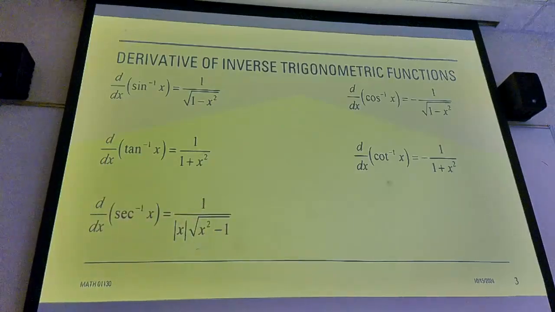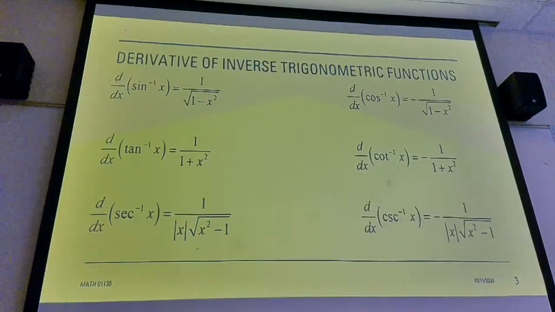Derivative of inverse secant: 1 over the absolute value of x times the square root of x squared minus 1. Finally, the derivative of inverse cosecant: negative 1 over the absolute value of x, square root of x squared minus 1.